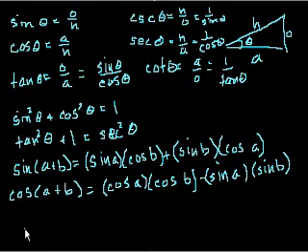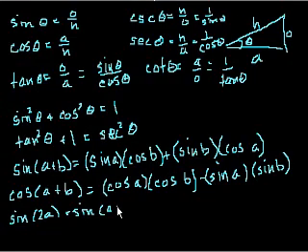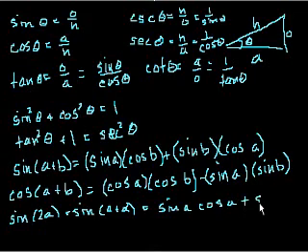For example, what is the sine of 2a? Well, that's just the same thing as the sine of a plus a. And if we use this trig identity up here, that is equal to sine of a cosine of a plus the sine of a cosine of a, right?